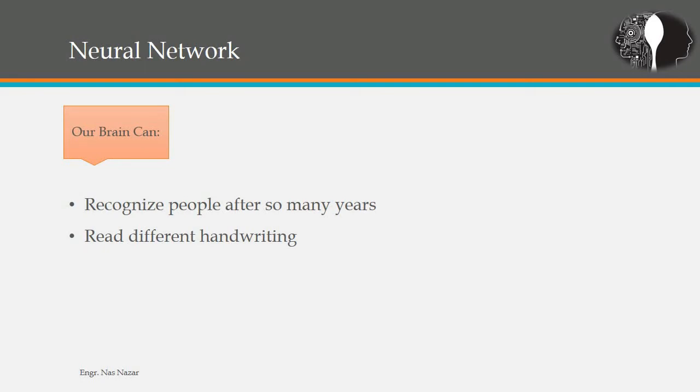They might not really be able to read our handwriting, but after a few years, when they are in high school, or better if they are an instructor or a teacher already, they can read different handwriting. They can read even bad handwriting. Their brain, during the years of experience and seeing different handwritings, improves itself.